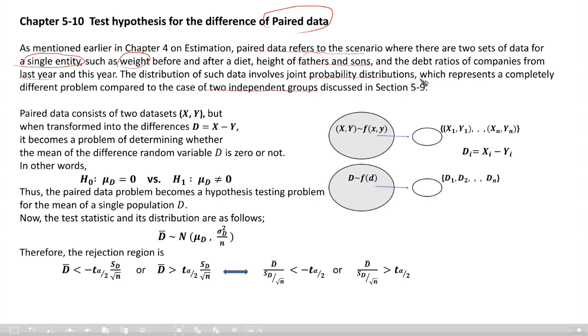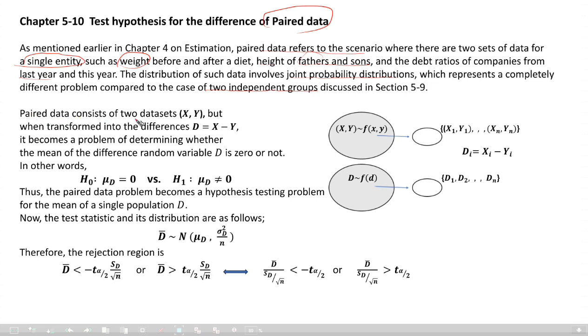The sampling method may be different. From two different populations we get samples, or for one population there are two sets of data, for one entity, one person, or one objective.